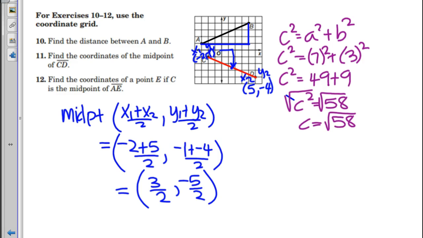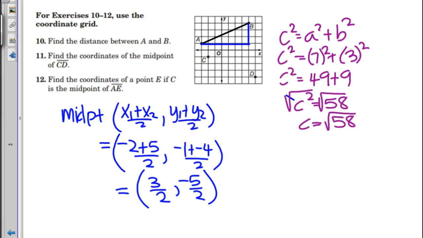All right. Let me get this off of here. Okay, now we are looking for the coordinates of E if C is the midpoint of AE.